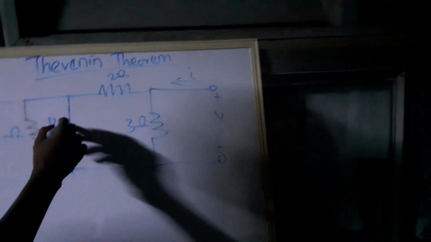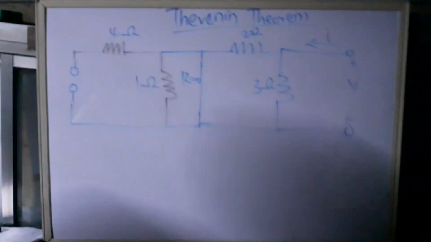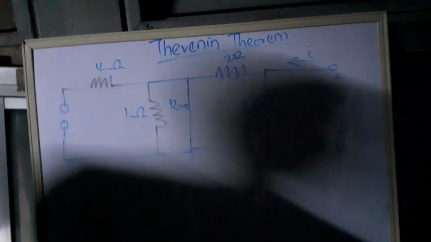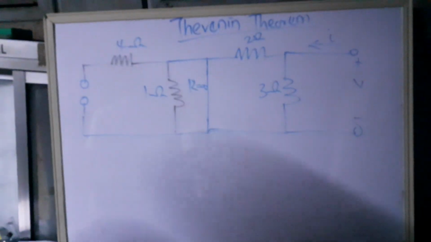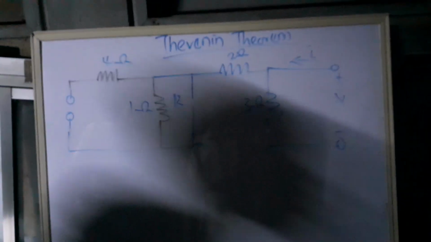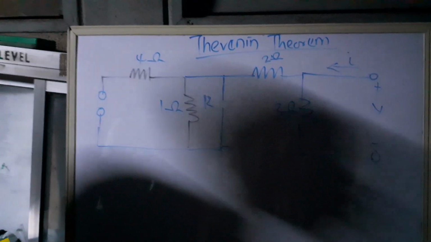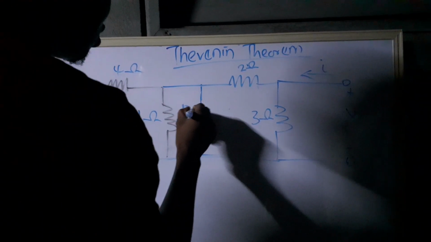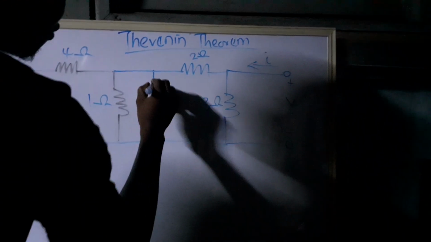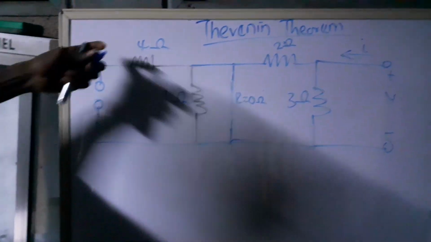Zero. So this and this are in parallel. For the closed path, the resistance is 0, and the open part has resistance infinity. No current is flowing through there. So at this point we have 0 ohms. Right?